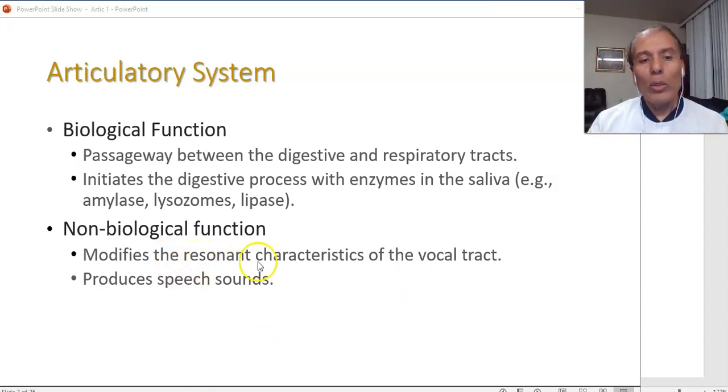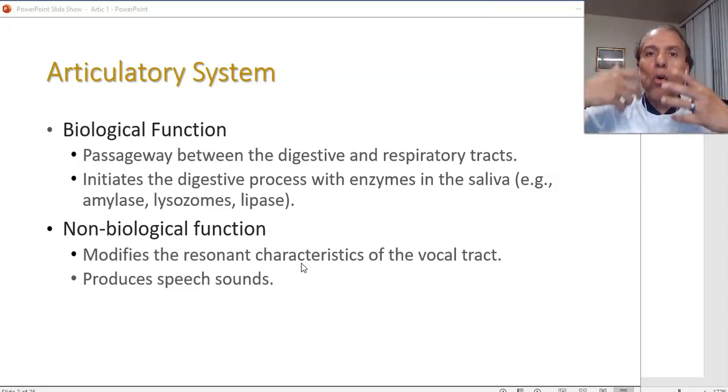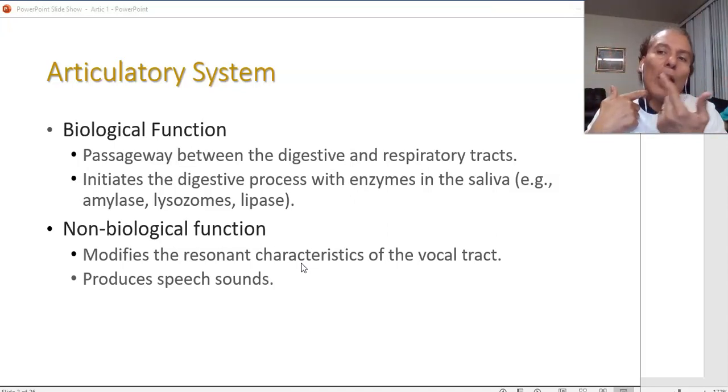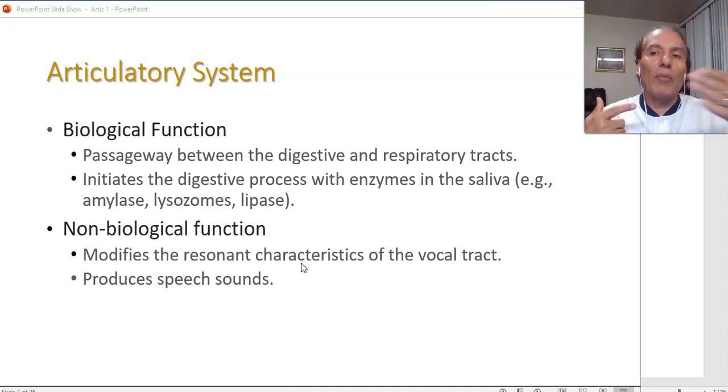So when that tone is repeated in the vocal tract, it is repeated in a unique way whereby it is amplified. It is made to last long enough until it comes to the lips and it leaves the lips, and then it vibrates the air, and that air vibration will carry on to your ears on the other end.